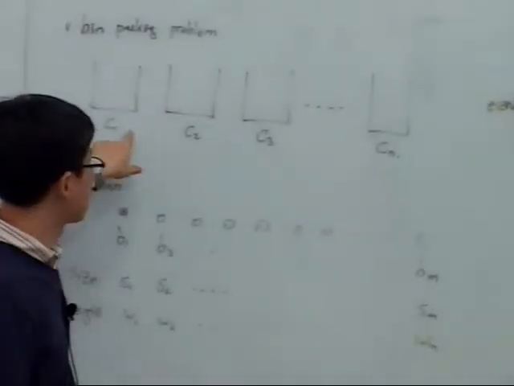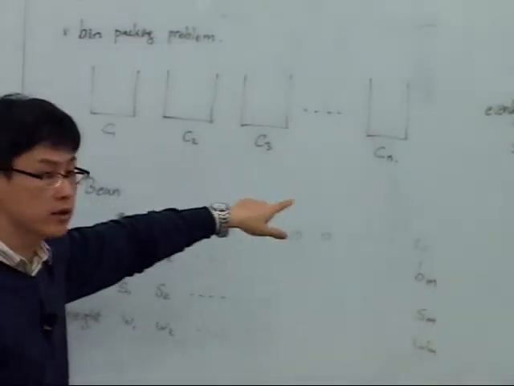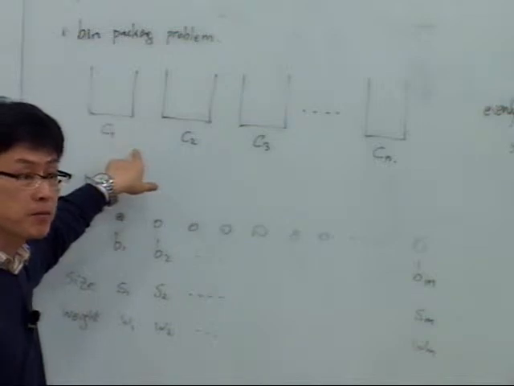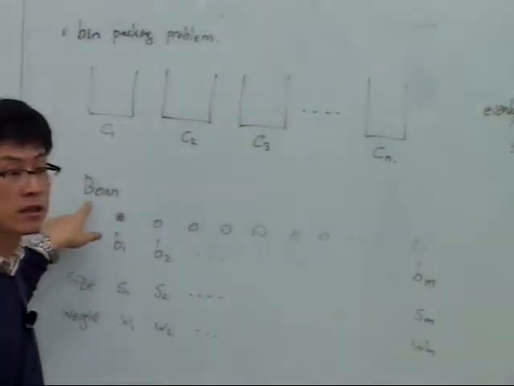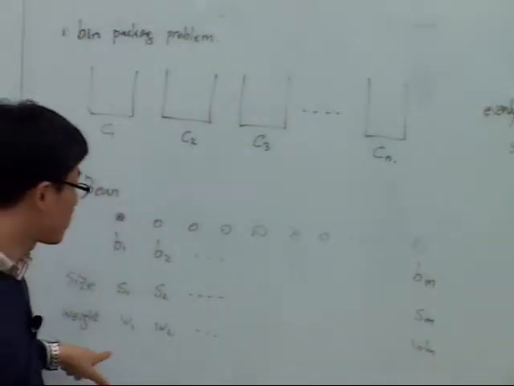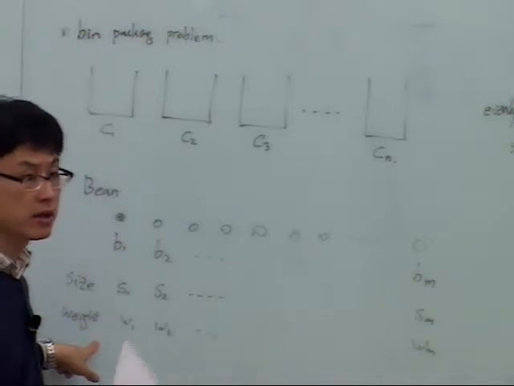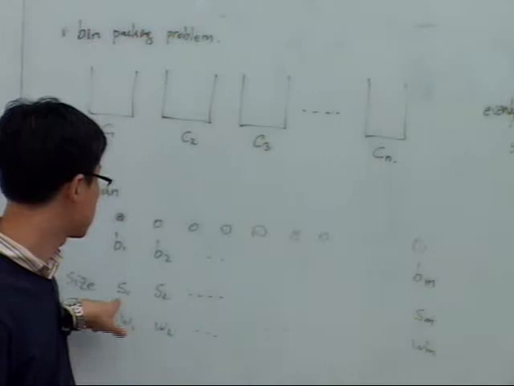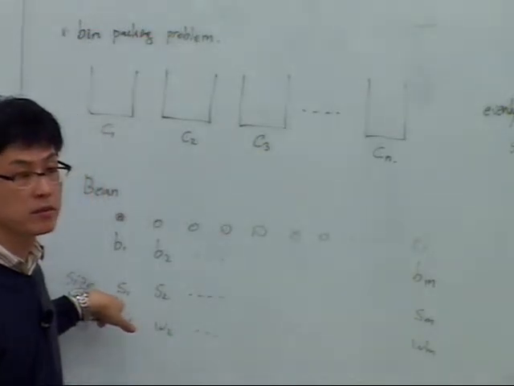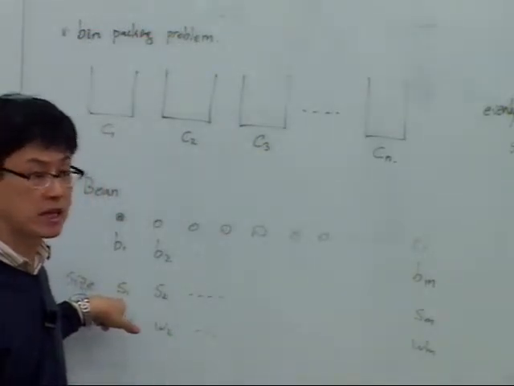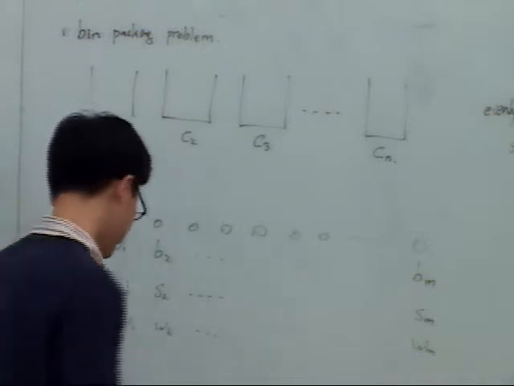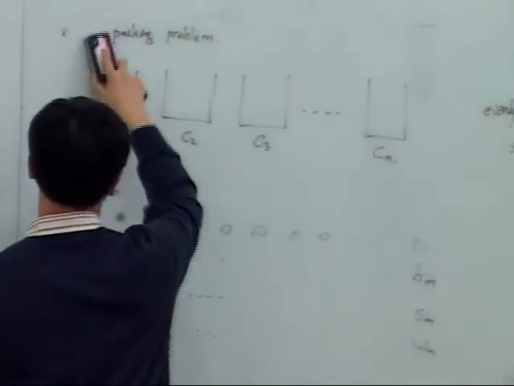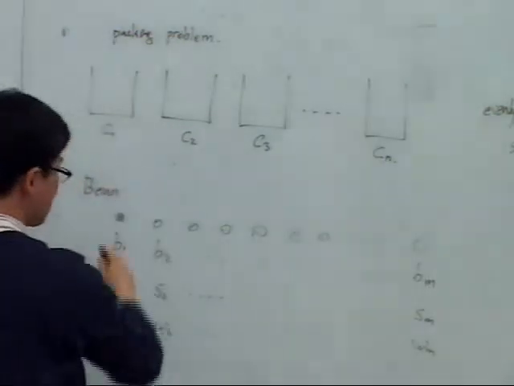But the can's weight is just the summation of the Wi's inside of each can, and the can's size is just the summation of the beans' sizes inside of this can. It's not very good naming. Let's call this a can, because it's a bin and bean.